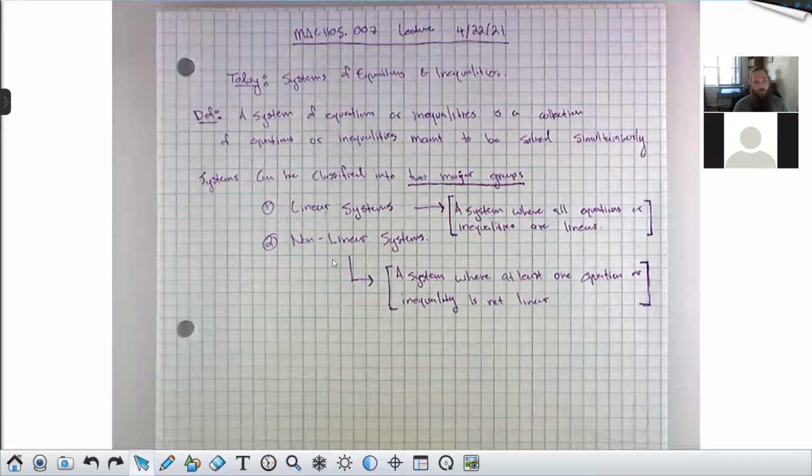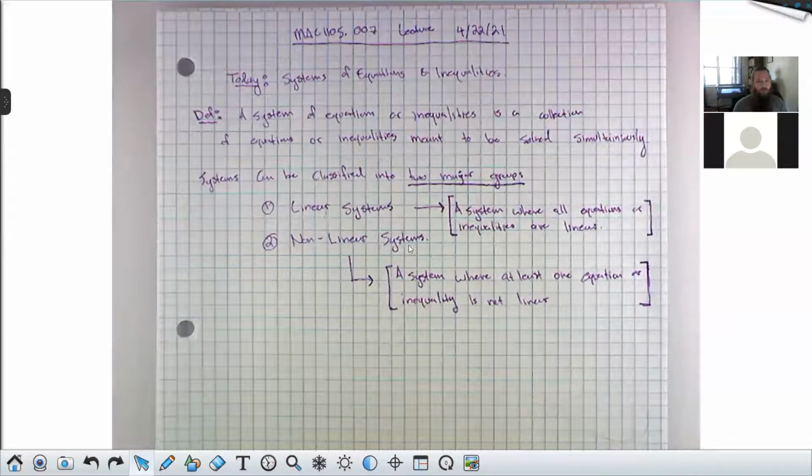Basically, mathematicians know all there is to know about linear systems. We have categorized them. We have built entire schemes of mathematics around them. And if you give me a linear system, you just write down a random linear system, I can tell you how many solutions it has. I can tell you how long it's going to take to find those solutions. And I can find those solutions if they exist. 100% guaranteed. Nonlinear systems, on the other hand, it's very easy to write down a random nonlinear system that first could have no solutions, second could have solutions, but that we just can't find.